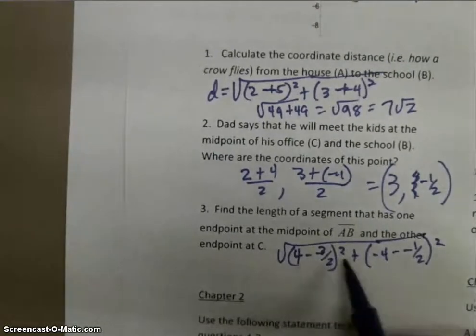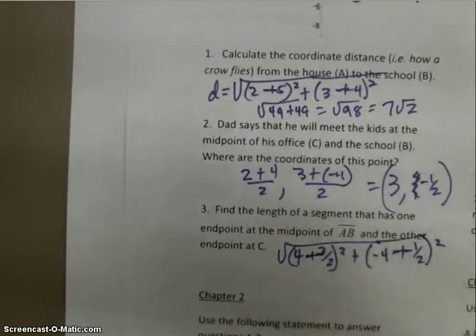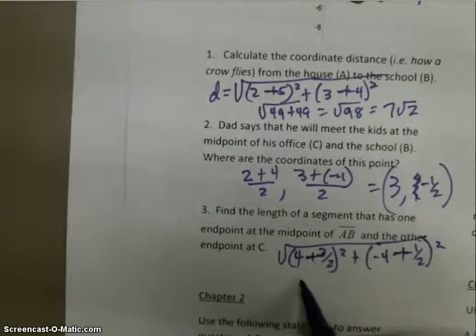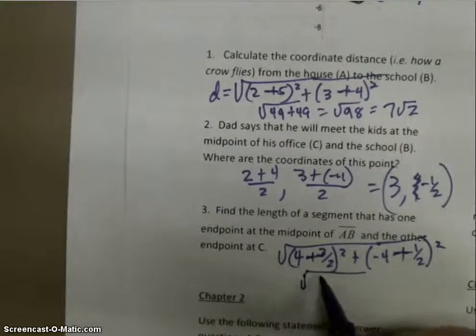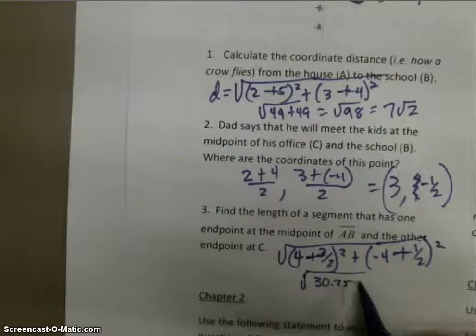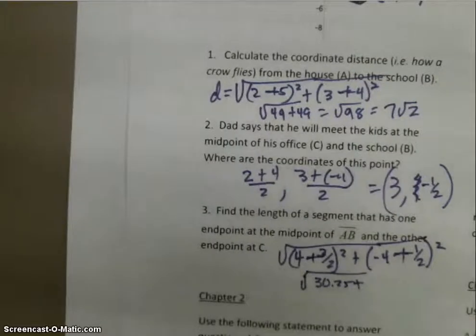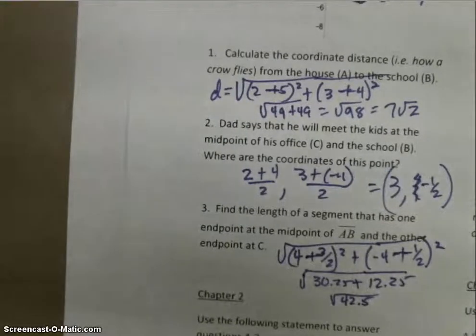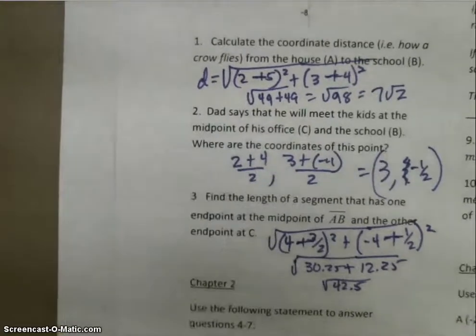Again, we get a lot of 2 negatives making a positive in this question. 4 plus 3/2 gives me 5.5. 5.5 squared is 30.25. And on this side, I get negative 3.5, and negative 3.5 squared would be positive 12.25. Adding those together, I get 42.5. And I'm going to leave it simplified, with that decimal in there.